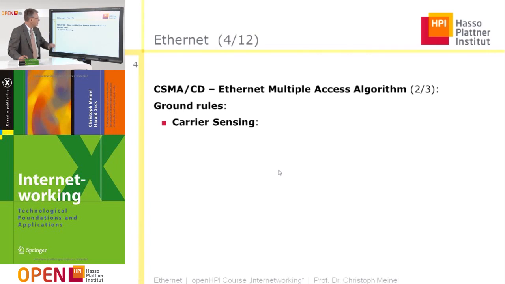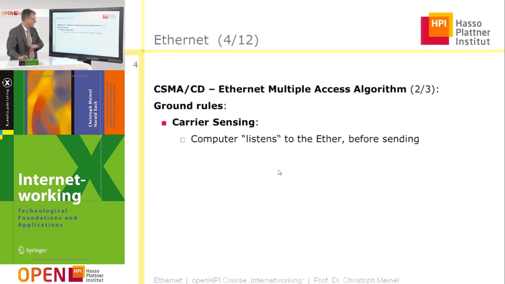The ground rules are the following. The ground rules are so-called carrier sensing. And carrier sensing means each of the computers connected to the ether, connected to the cable, listens before it starts to send.